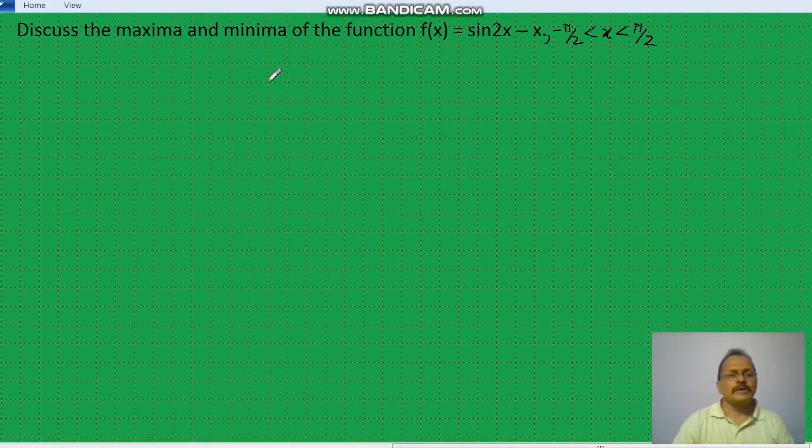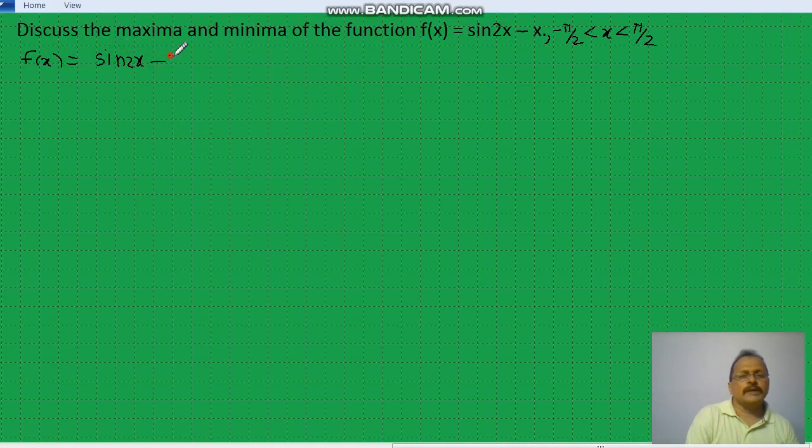Next problem is discuss the maximum and minimum values of the function f(x) equal to sin 2x minus x for minus pi by 2 less than x less than pi by 2. f(x) is equal to sin 2x minus x for minus pi by 2 less than x less than pi by 2.